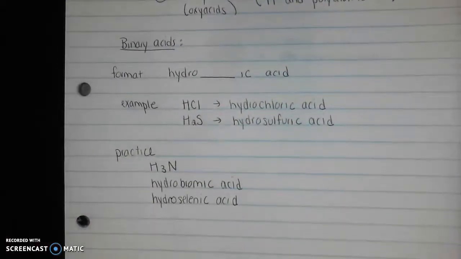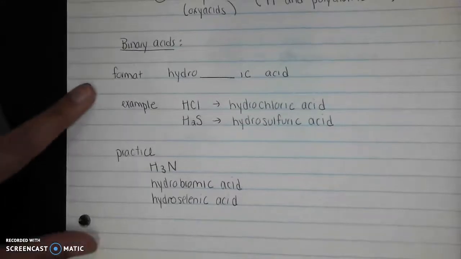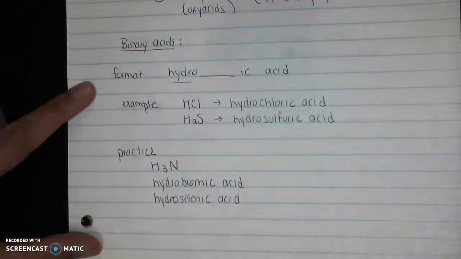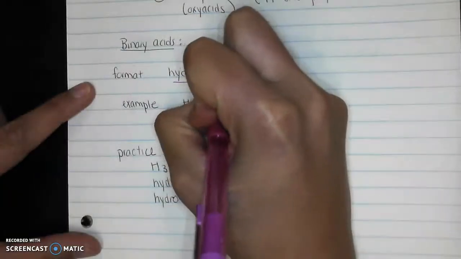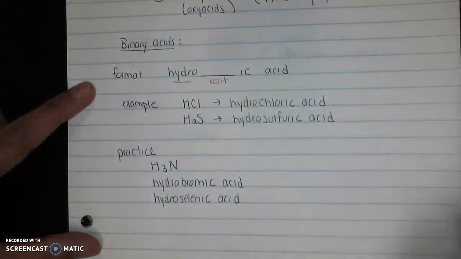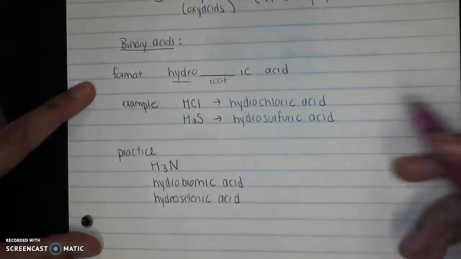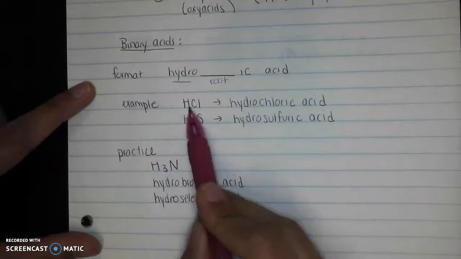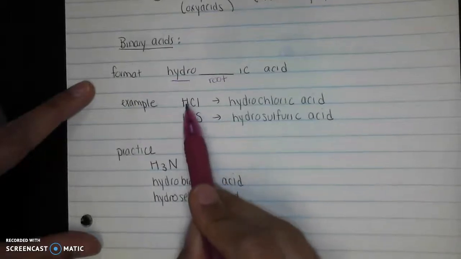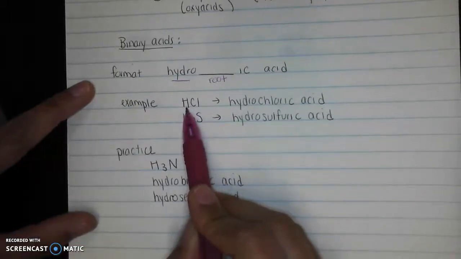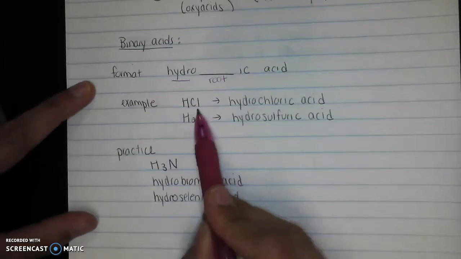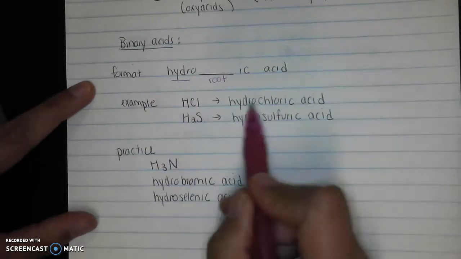So let's start with binary acids. The format for all binary acids is that we put a hydro prefix, we put the root of the nonmetal, and end with "ic", and then put the word acid. So here are two examples for us. We have HCl, right? So we have our hydrogen cation, we have our nonmetal ion, and so we follow this format.